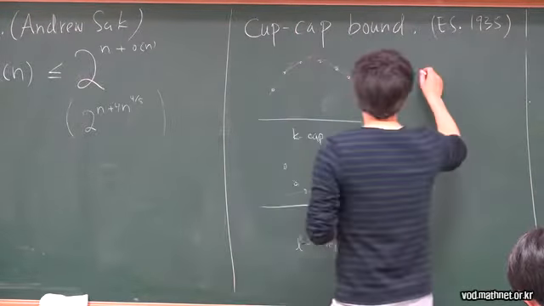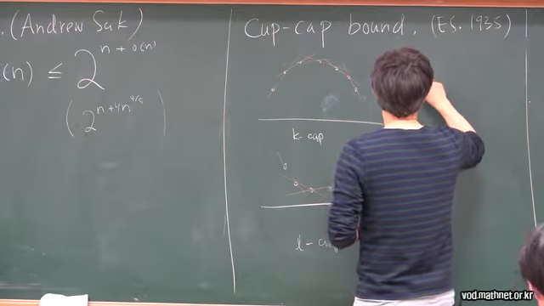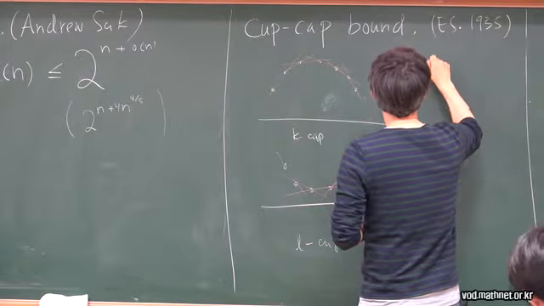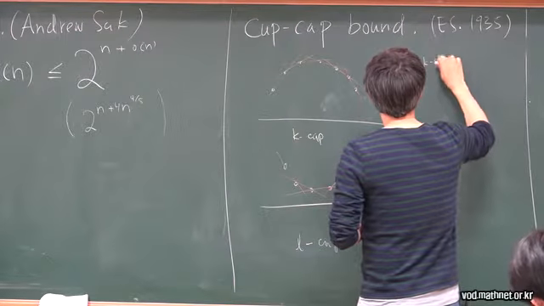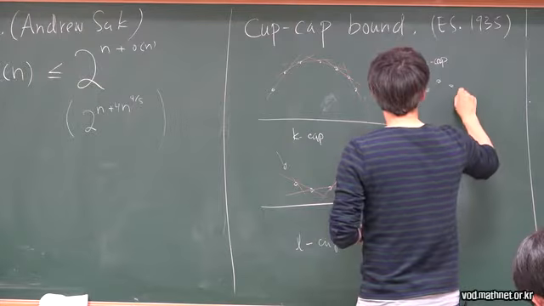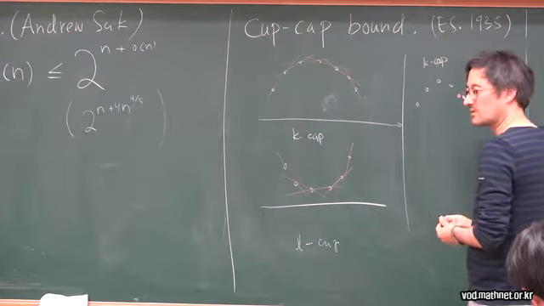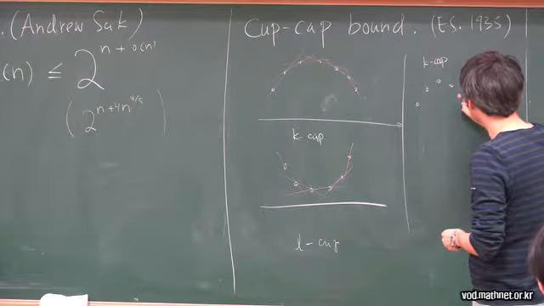And what they show is that, so here's a simple claim, that if you have, say, a k cap and an L cup, like this. And suppose the last point of that k cap is the starting point of a cup.